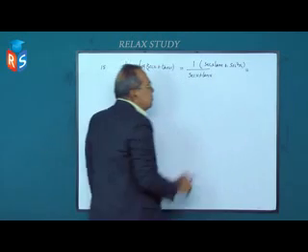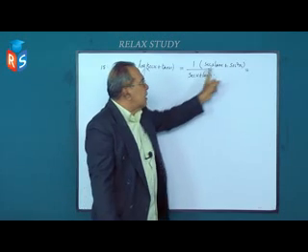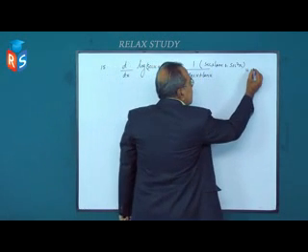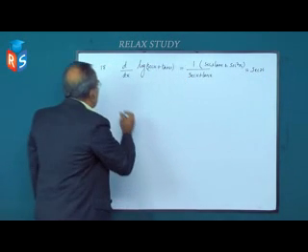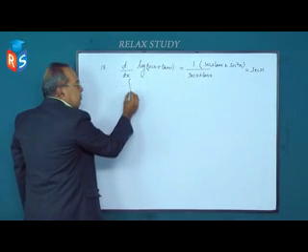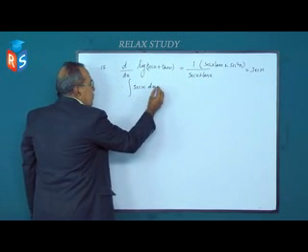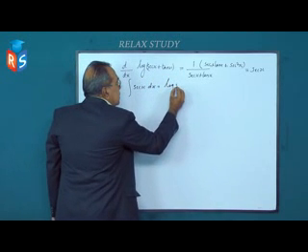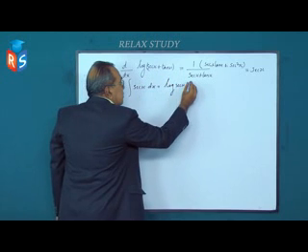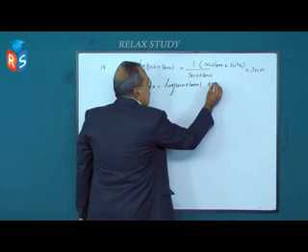This is equal to, sec x is common, tan x plus sec x cancel off, equal to sec x. Therefore, the integral of sec x dx is equal to log of sec x plus tan x plus c.